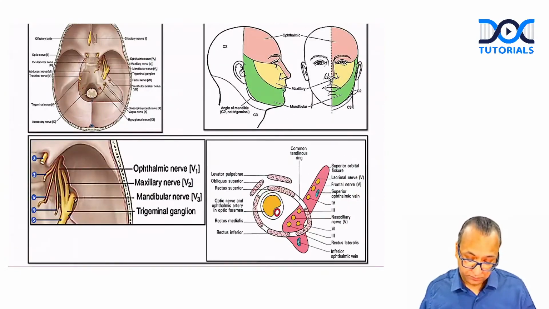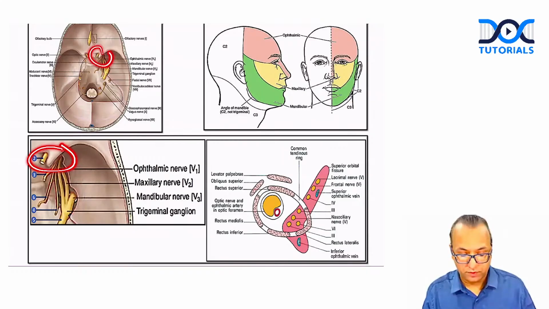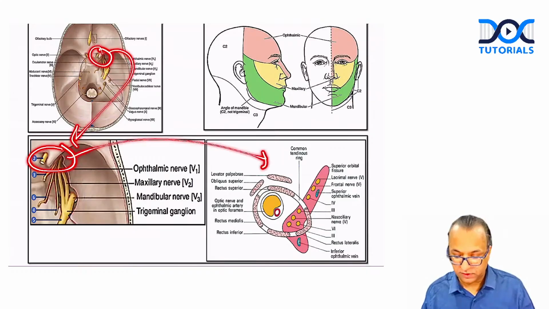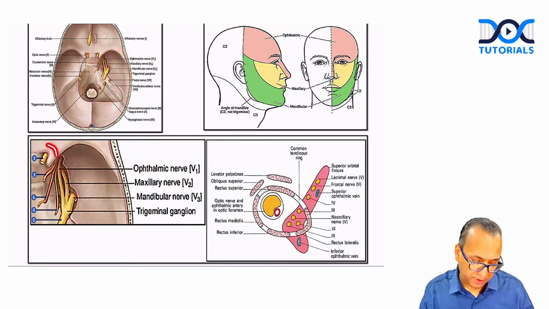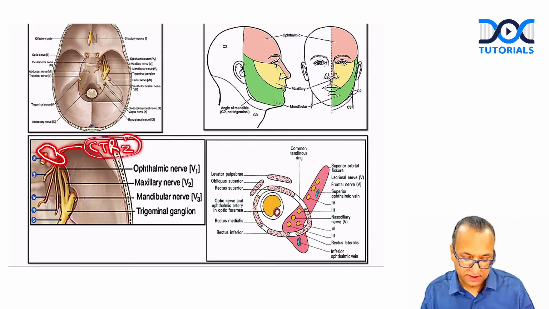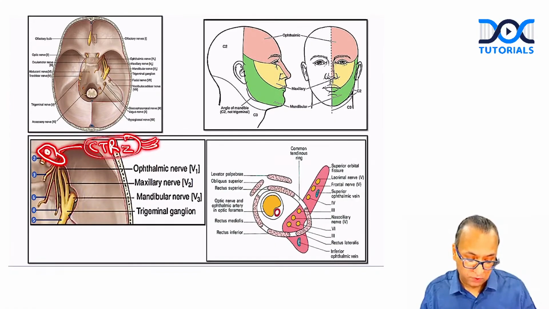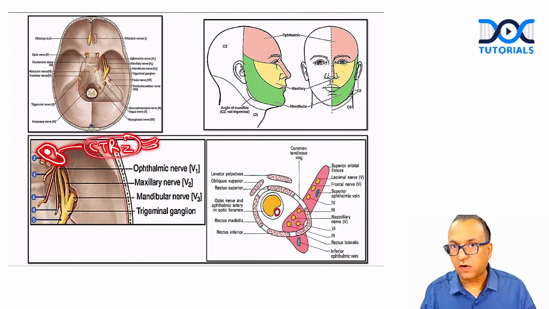So what branches? You zoom this area now, and you'll find that there is a common tendinous ring of Zinn. This common tendinous ring of Zinn is the one which gives common origin for the 4 recti muscles, and it will include the optic nerve in the optic canal also, dividing the superior fissure into 3 parts.